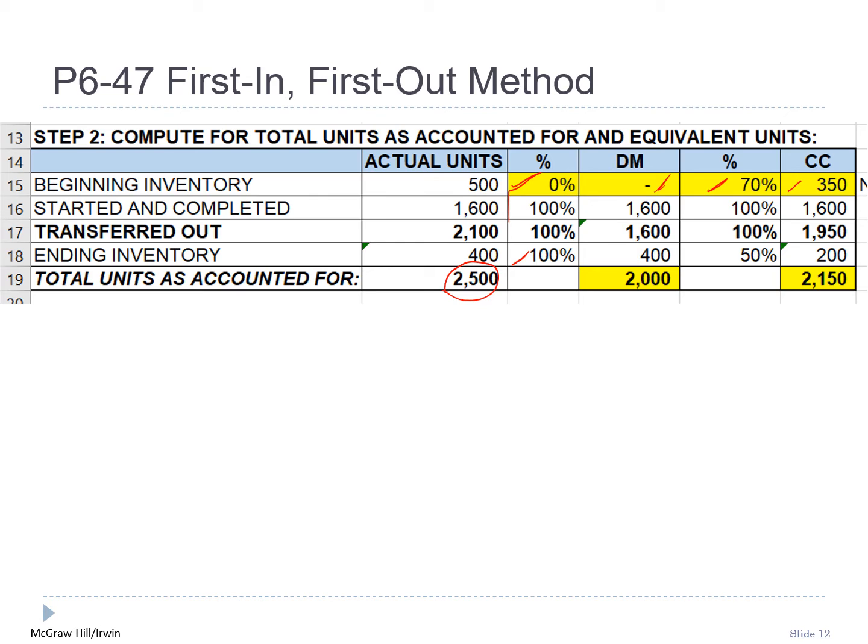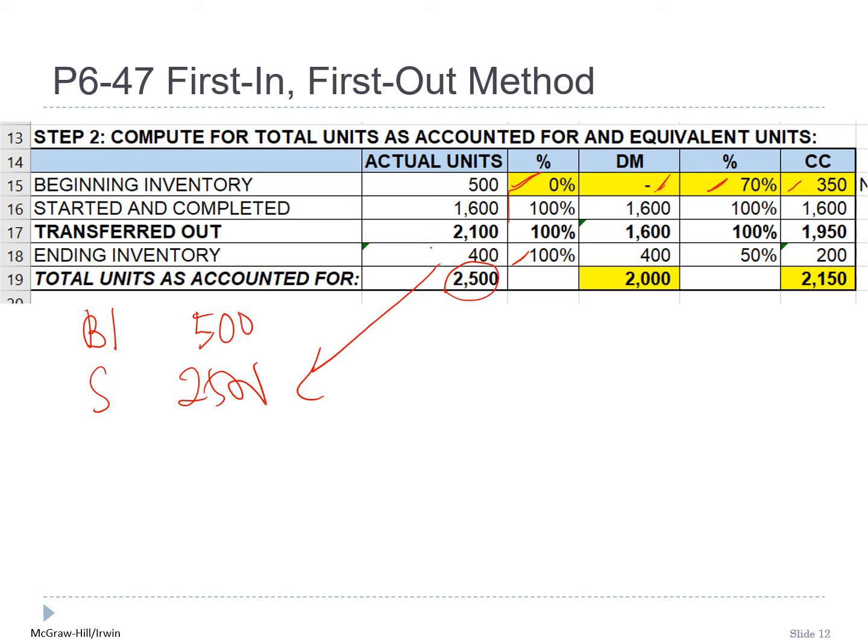The 400 units come from the units started. Remember in step 1, we have beginning inventory plus started. The beginning inventory is 500, and the started is 2,000, and the 400 came from the 2,000. When did you add the direct material? This period, of course. So it is 100% because it is added at the start, even if it is not yet finished. Why is it not yet finished? Because its conversion cost is only 50%, so it was not included in the transferred out.